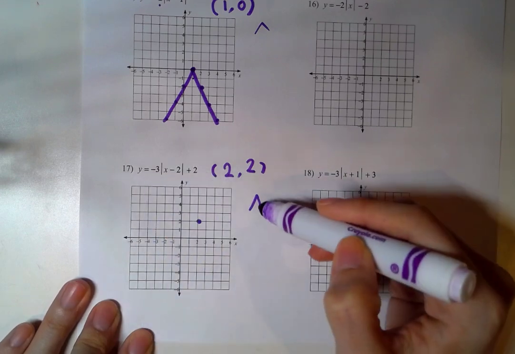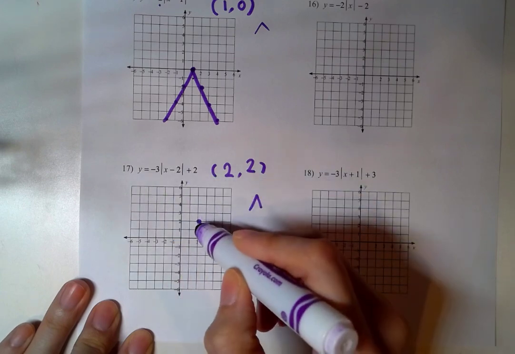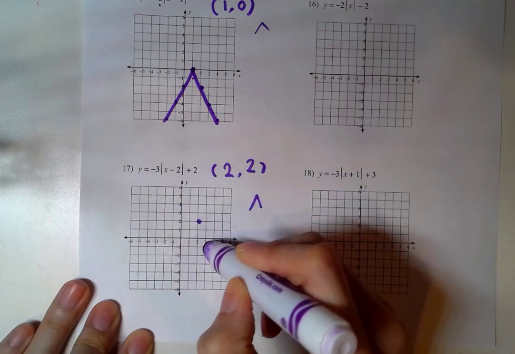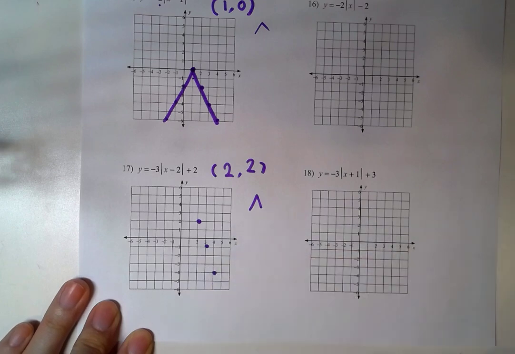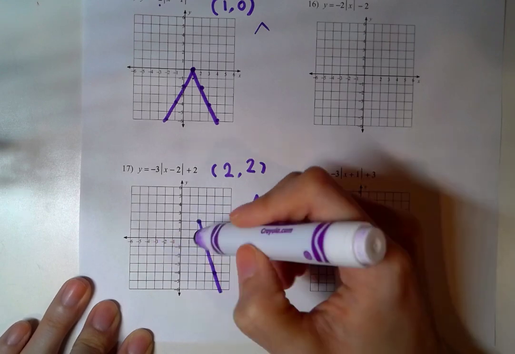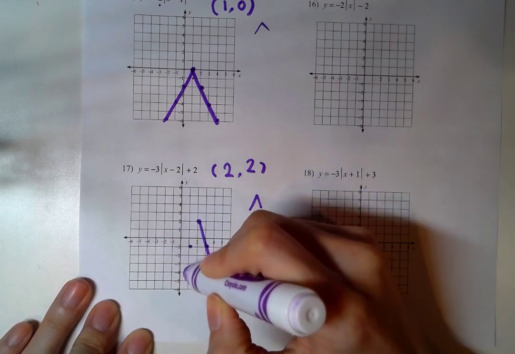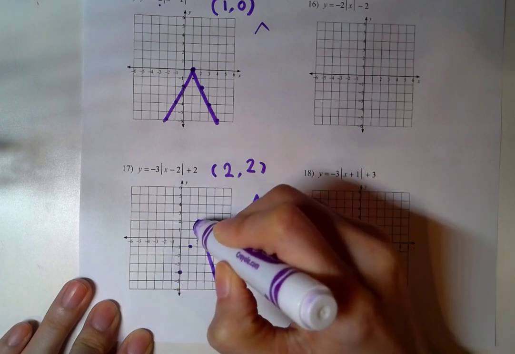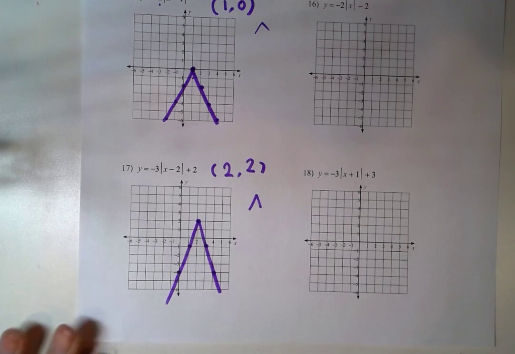In this case it opens down, so I'm gonna go 3 down because that's negative 3, right? So 3 down, 1 to the right. 3 down, 1 to the right, like this. And on the other side, you do the same thing. 3 down, 1 to the right. I mean, this side you go 1 to the left. Okay, so that's my graph.